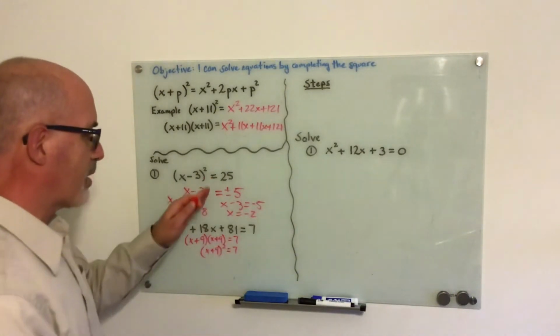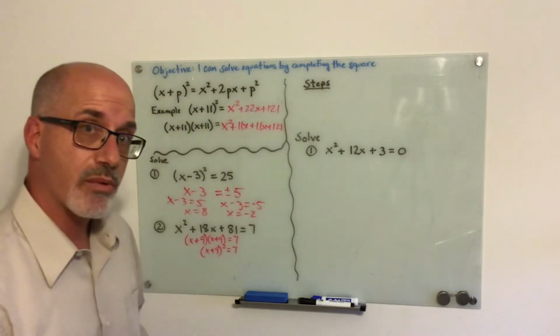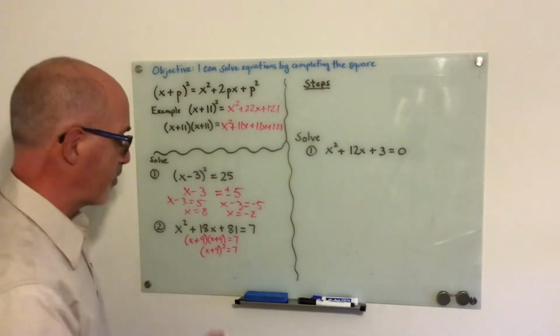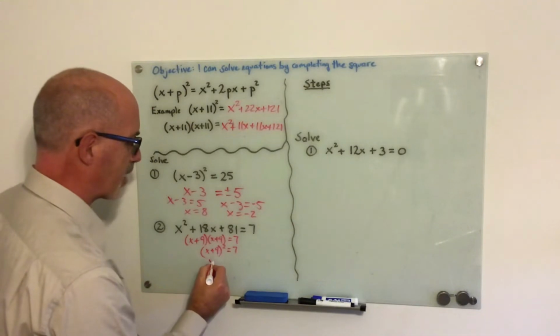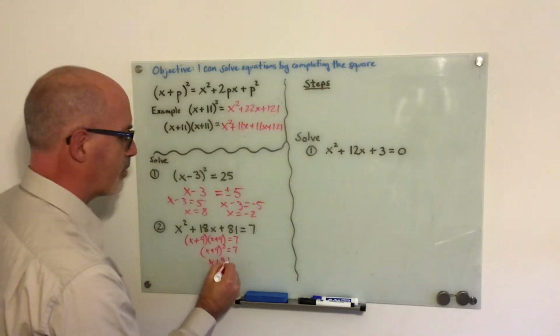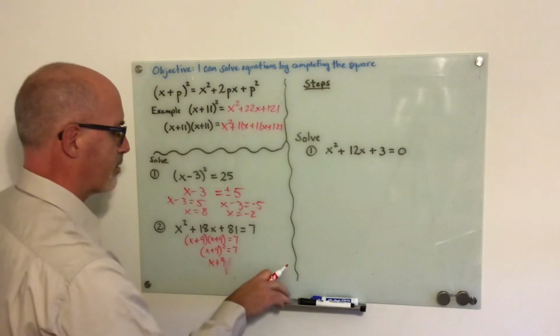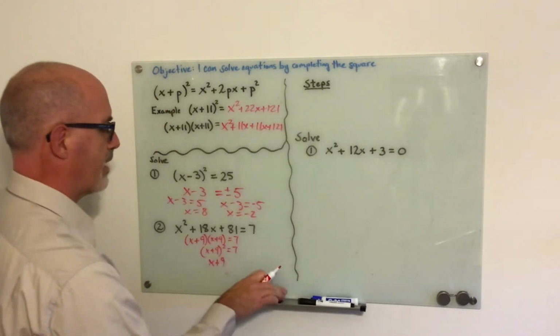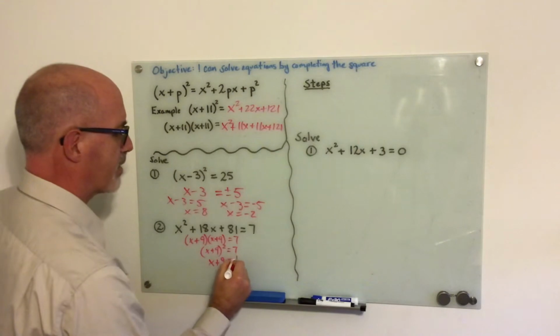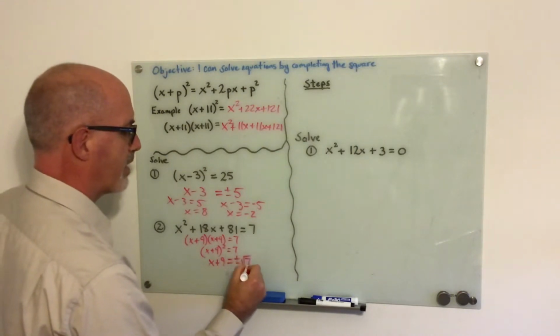Now we can do like we did up here, take the square root of both sides, skip past the absolute value step, and just make it x plus 9 equals plus or minus the square root of 7.